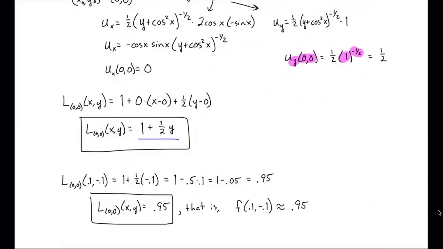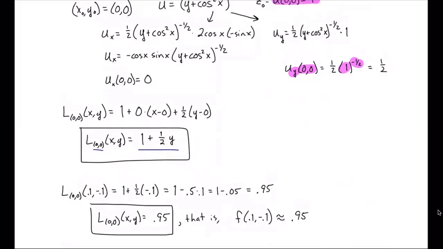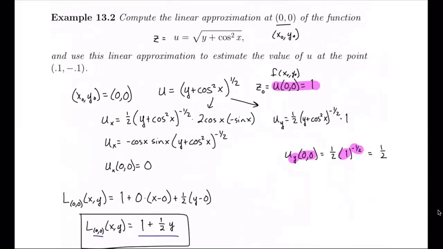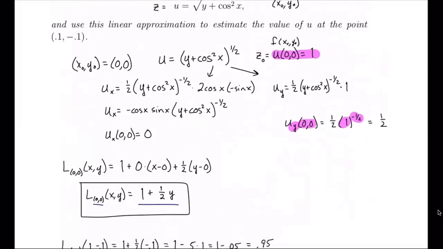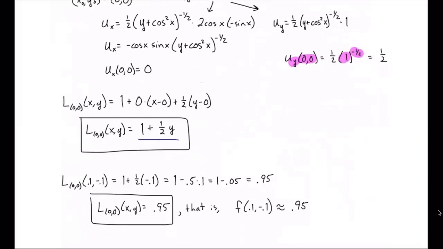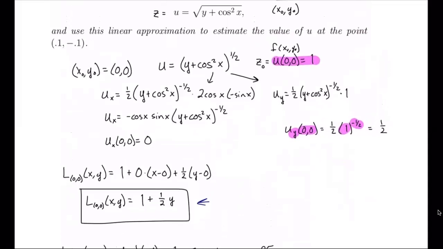So that is our linear approximation at the point (0, 0) of the function u equals, well, all of this expression here. What we'll note is that our linear approximation is much more simple looking than our original function. This function down here is much easier than u equals, to the one, a function to the 1/2 power of y plus cosine squared x.